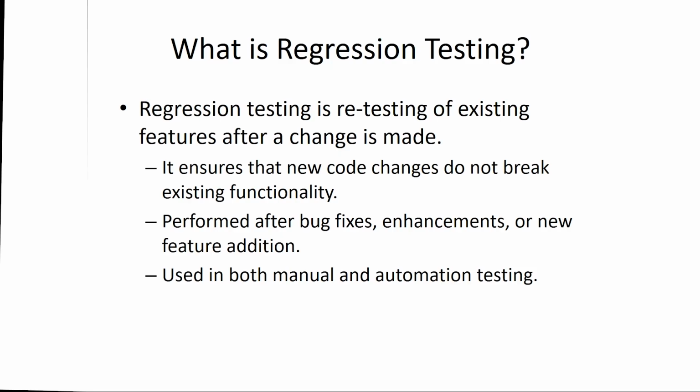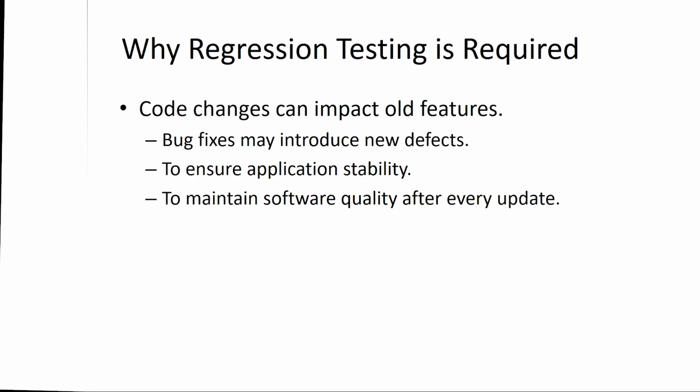Regression testing helps confirm that the old features still work as expected. It ensures that new code changes do not break existing functionality. It is used in both manual and automation testing.